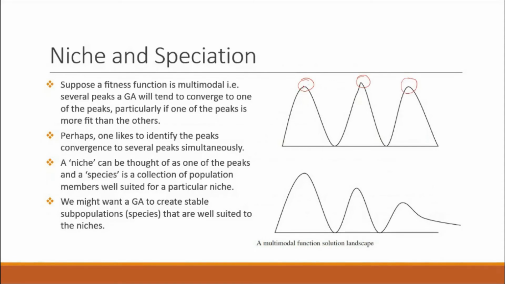If all three are at the same level, the fitnesses corresponding to these three points will be the same. But there can be an increasing or decreasing tendency in the different modes. So this is a mode, this is a mode, and this is a mode.